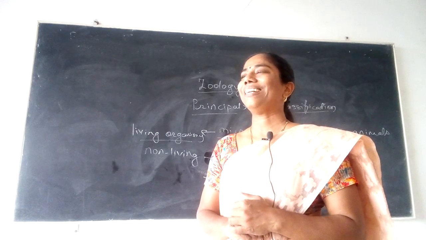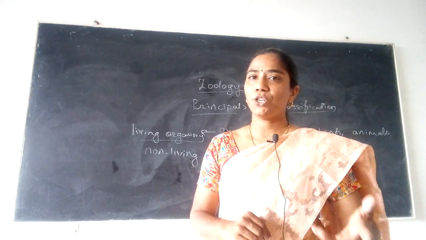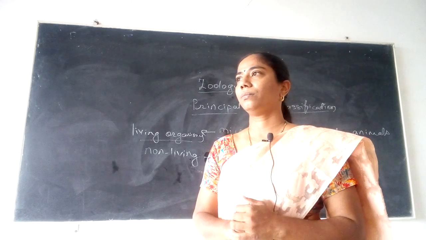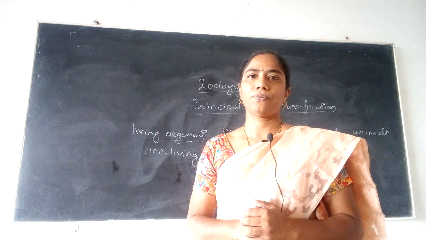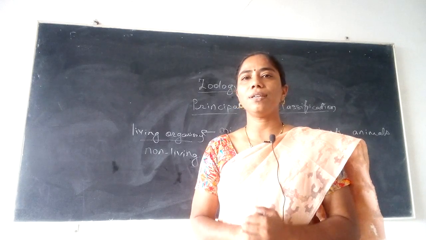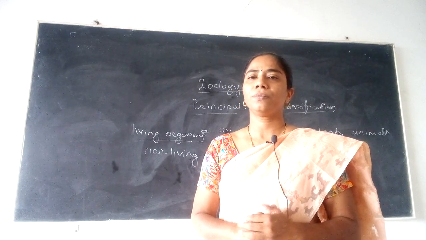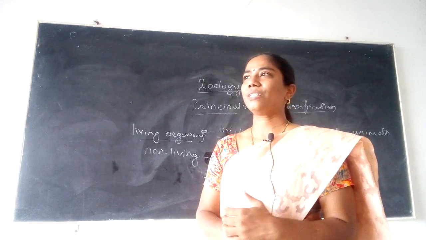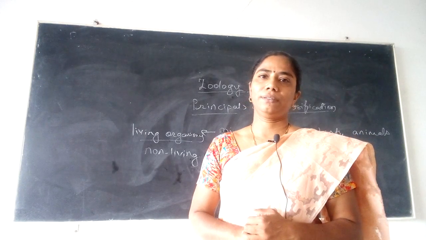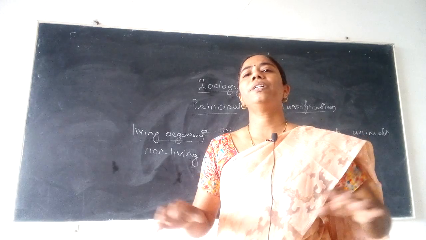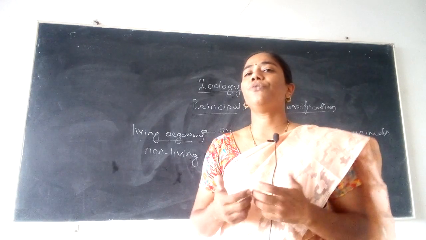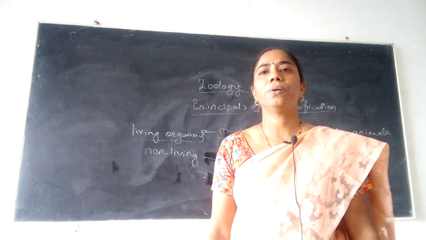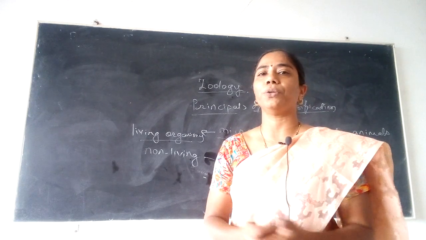Next, the paramecium. Next one, frog. Next is sparrow. Next, mango plant. The next one, table. Now whatever things I give you, try to classify them. It is just a practice for you.